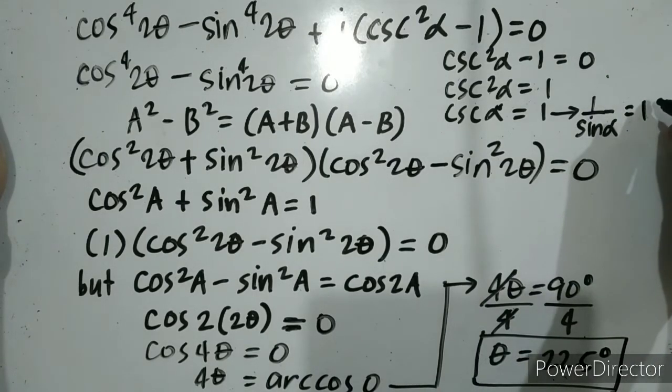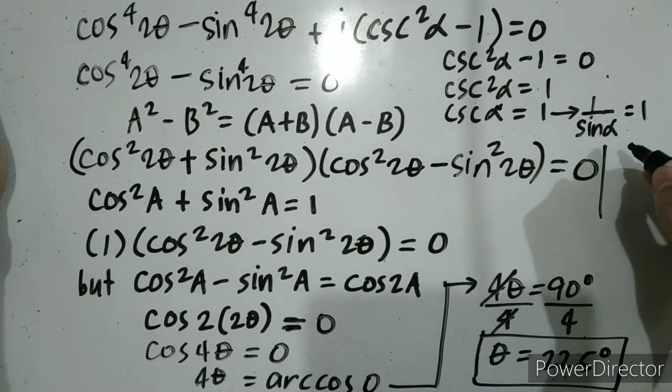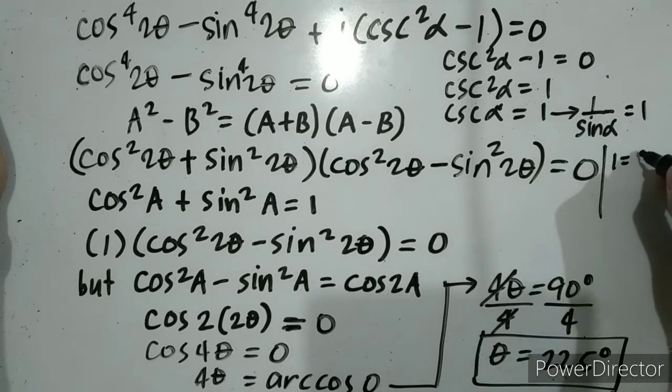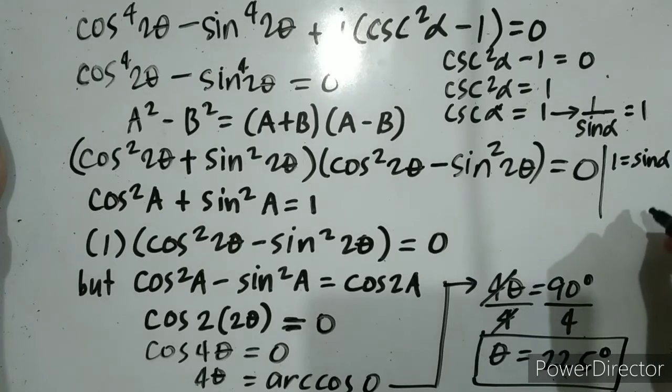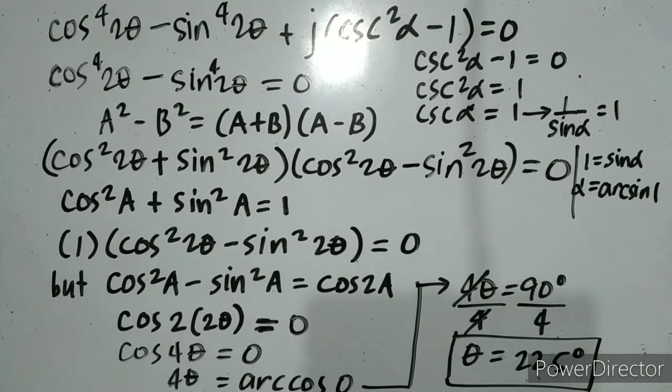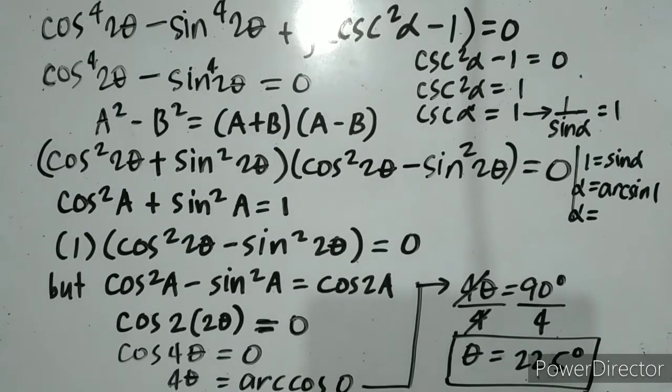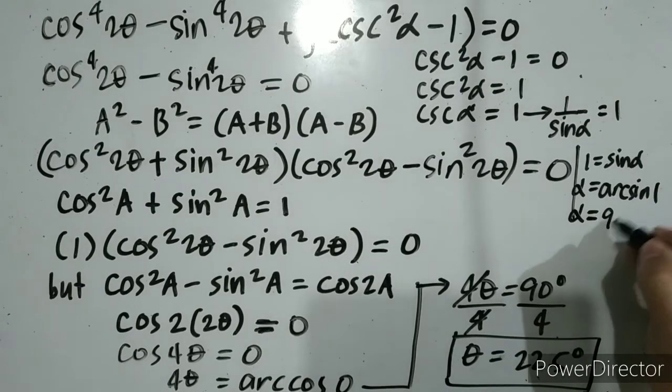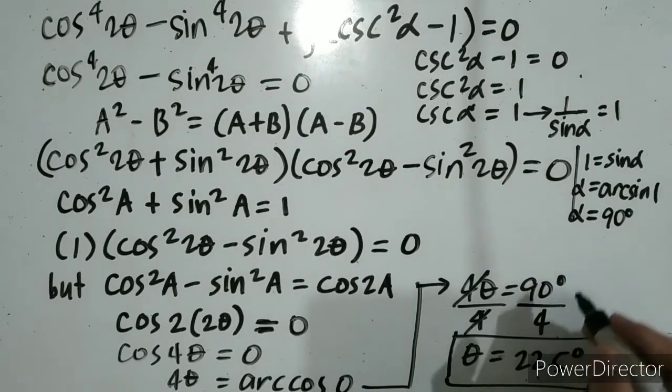Transposing this to the other side, we have 1 is equal to sine alpha. Therefore, in order to get alpha, alpha is equal to arc sine of 1. What is the arc sine of 1? Arc sine of 1 is simply equal to 90 degrees.